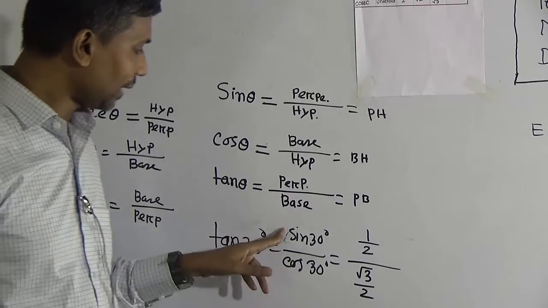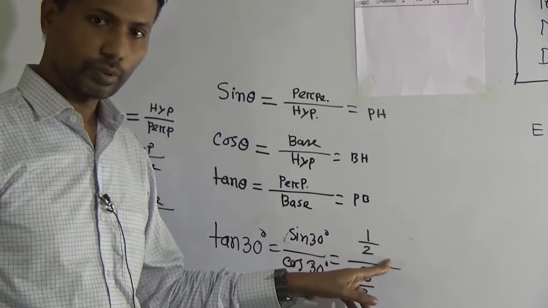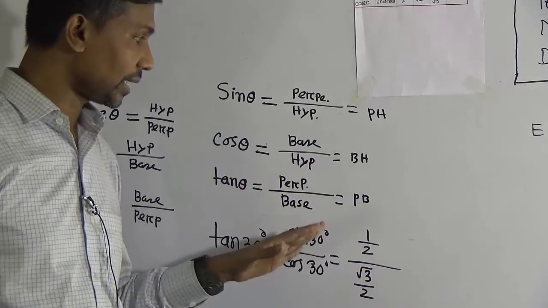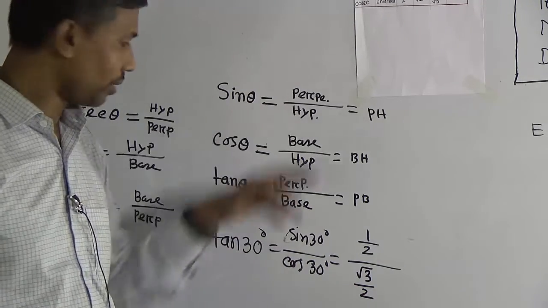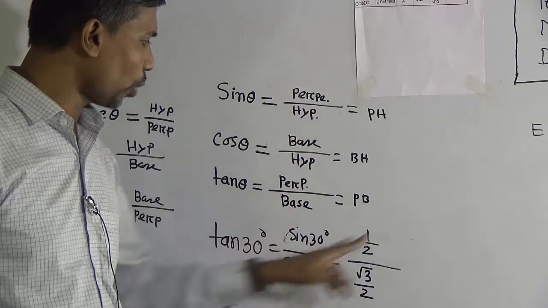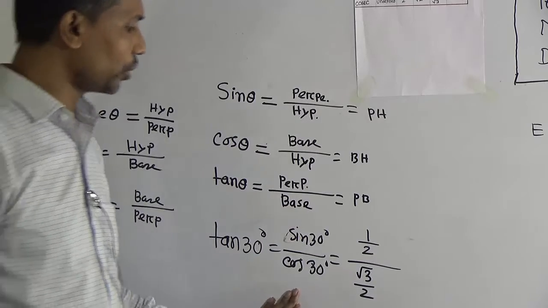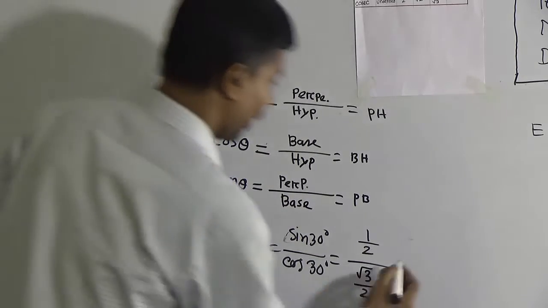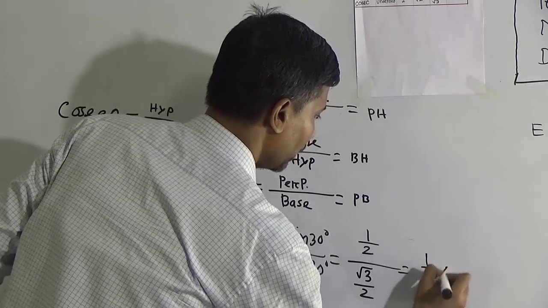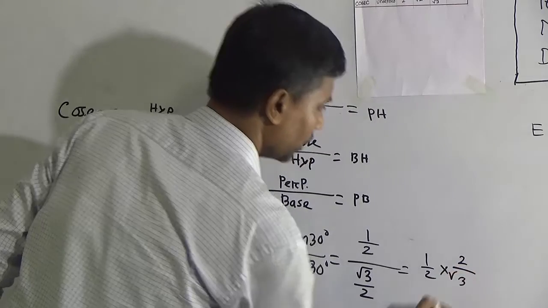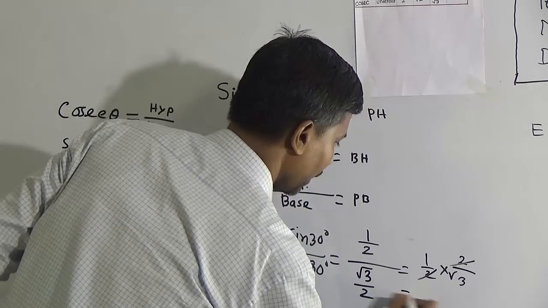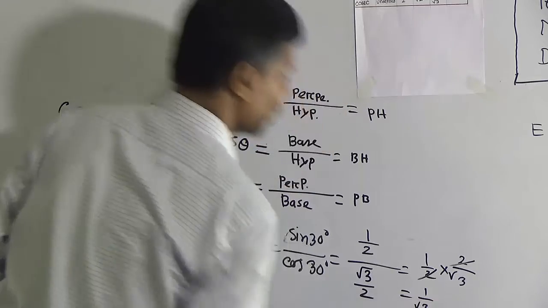Look, sine 30 degree equals 1 by 2, cos 30 degree equals root 3 by 2. Now write 1 by 2 into 2 by root 3. The 2 and 2 vanish, then we get 1 by root 3.